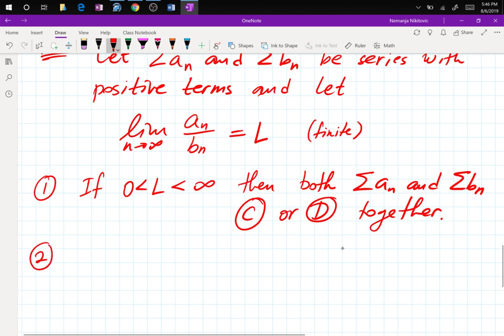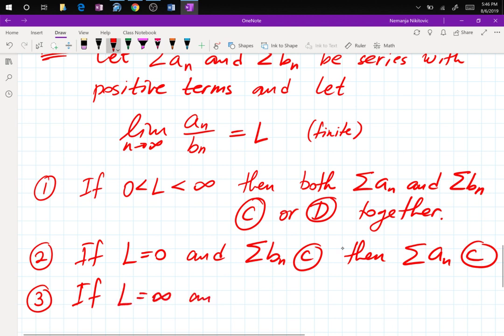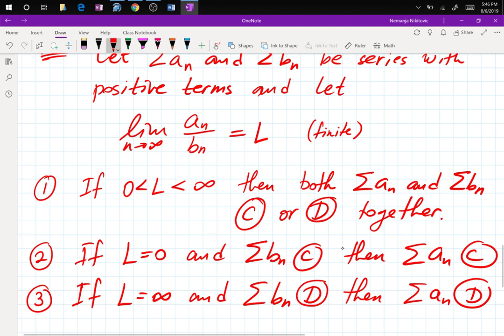Number two, if L equals 0 and summation bn converges, then summation an converges. And last one, if L equals infinity and summation bn diverges, then summation an diverges as well.